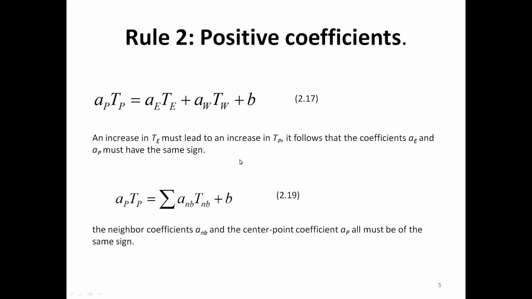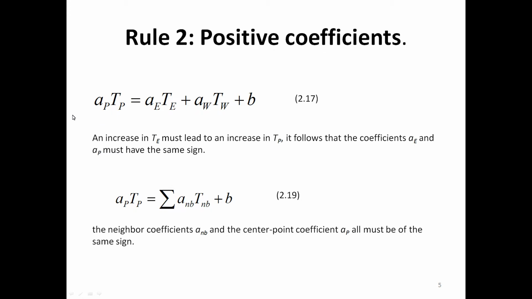Rule 2. Positive coefficients. Most situations of interest here will be such that the value of a dependent variable at a grid point is influenced by the values at neighboring grid points only through the processes of convection and diffusion.